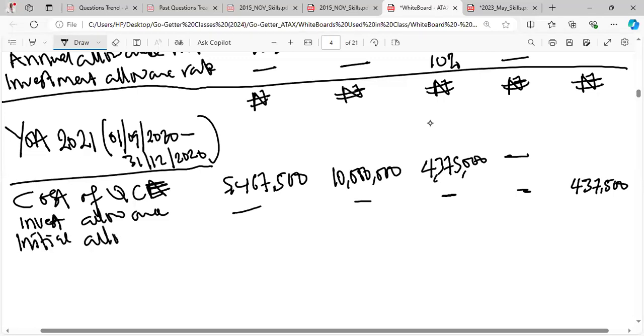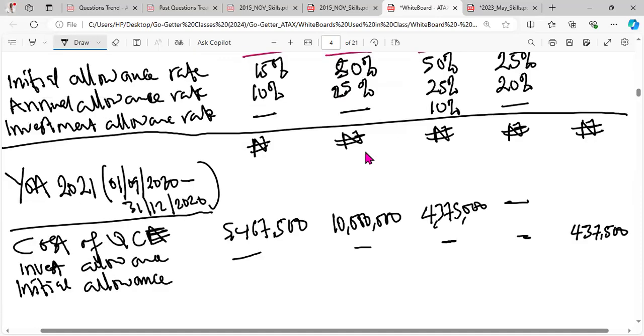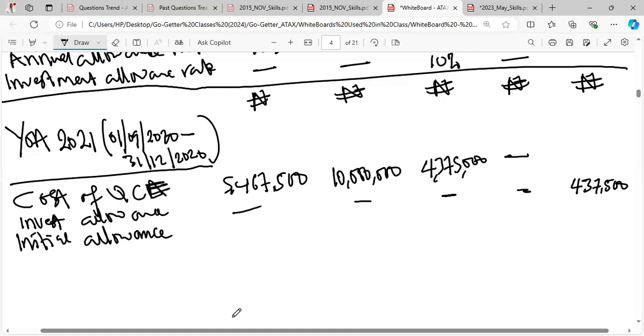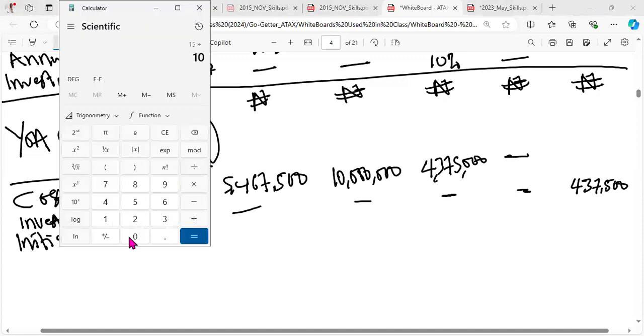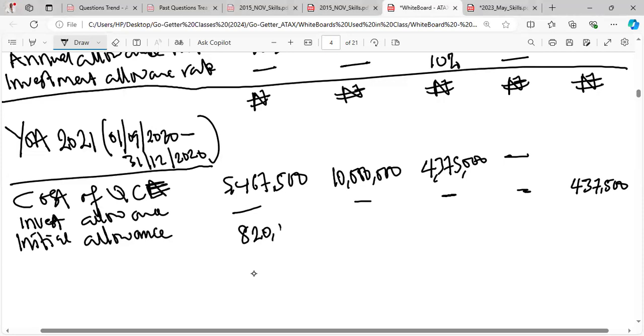Then I will come here to do my initial allowance. Your initial allowance for land and building is 15%. So what you do now is you look for 15%, 15 over 100 times 5,467,500. That will give me 820,125.